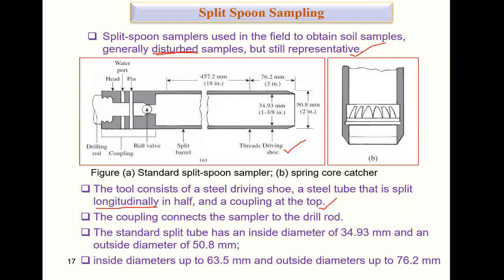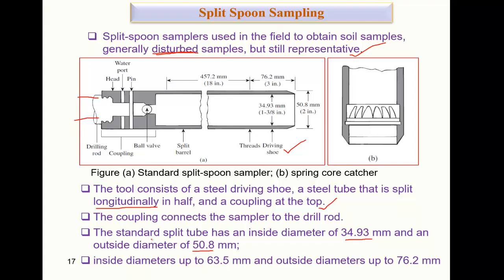Here you can see this is the drill rod, and it is connected with it. The standard split tube has an inside diameter of 34.93 mm and an outside diameter of 50.8 mm. That is the usual standard.